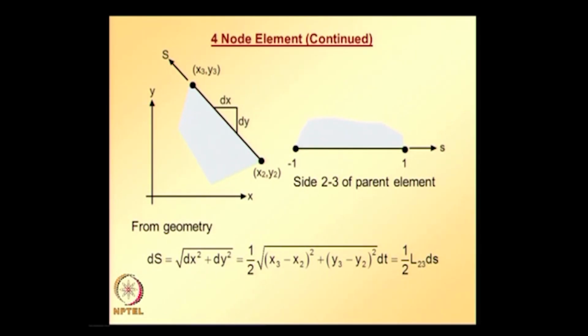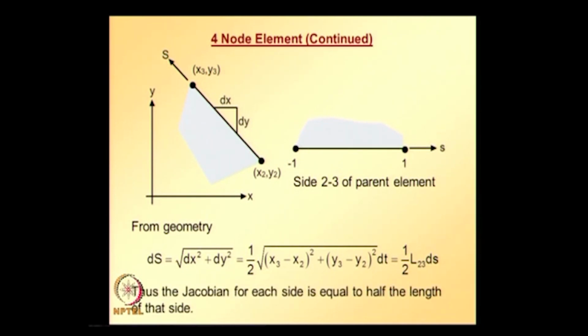So, finally, we get dS equal to L23 over 2 times ds, where L23 is nothing but the length of side 2 3. So, the Jacobian dS over ds is nothing but the length of side 2 3 over 2, half the length of that side. The Jacobian for each side is equal to half the length of that side.